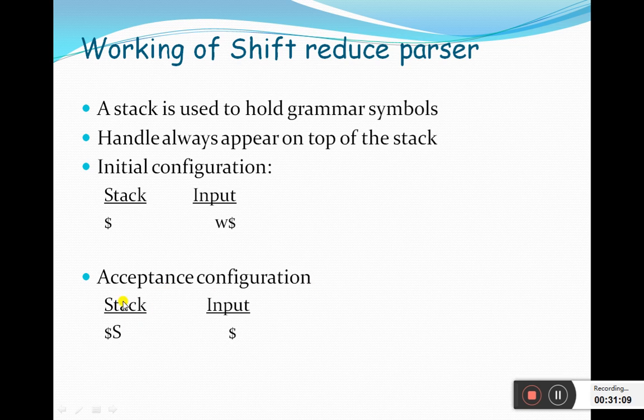In that case, the stack has just the dollar sign with the start symbol above it, and the input is completely exhausted, with just a dollar sign. w is totally consumed by the shift reduce parser. No symbols are present in the input; in other words, the end of the input is seen. At that time, the stack must contain the dollar sign and, just above it, the start symbol of the grammar.